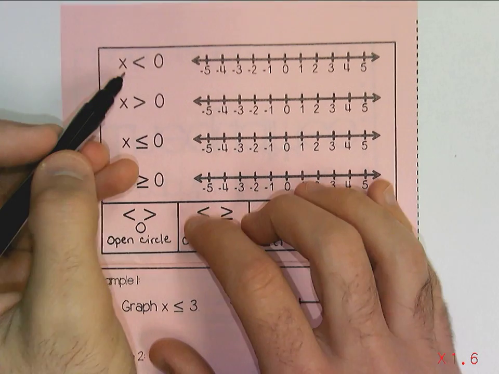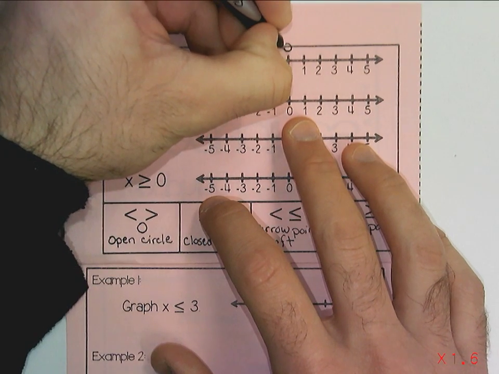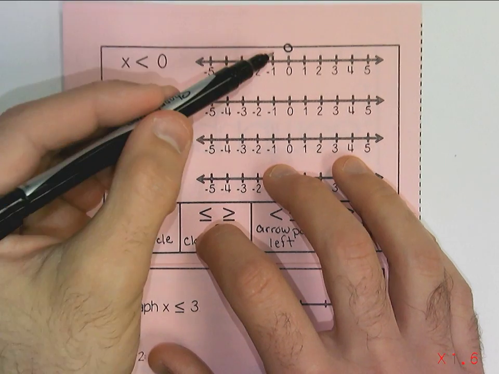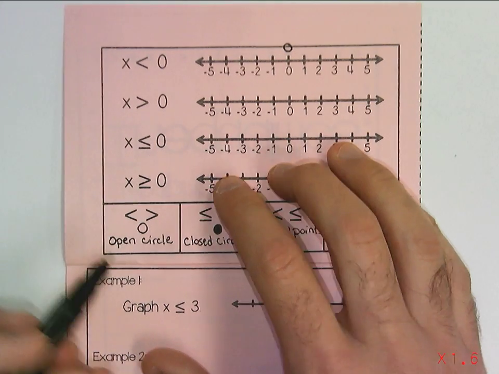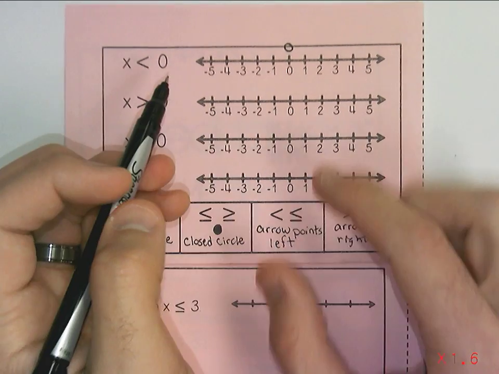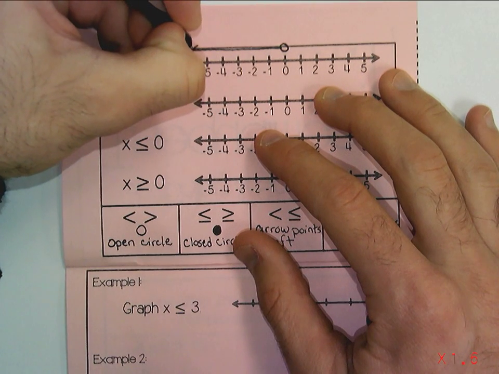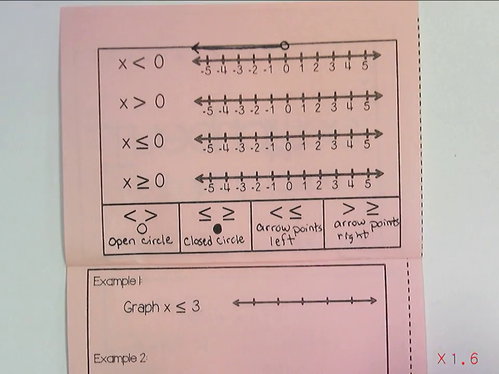So if I have x is less than 0, at 0 I should have an open circle since it's less than, and it won't include 0 in our answer. 0 won't make this statement true. And if I look, it's less than, so my arrow should point to the left. So I would draw that in. And that's what that first one would look like.